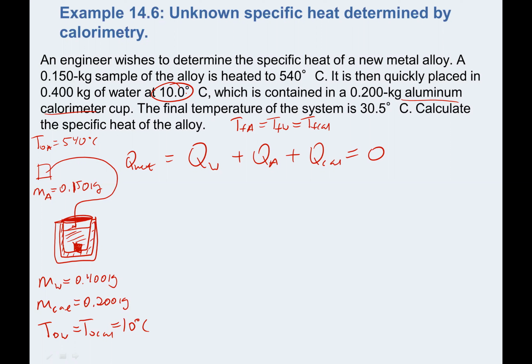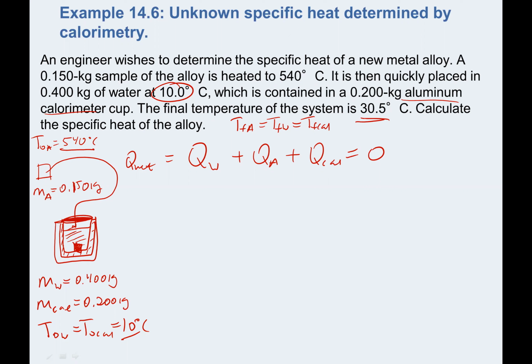The cup also starts at 10 degrees Celsius, so it also goes to 30 degrees Celsius. That means the calorimeter cup and water together gain energy, while the specimen goes from 540 degrees Celsius to a final of 30.5 degrees Celsius. It decreases its temperature, which means it loses energy.